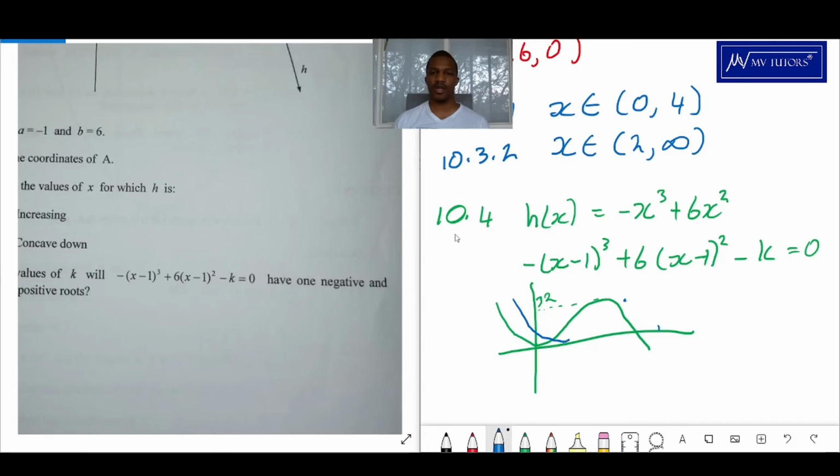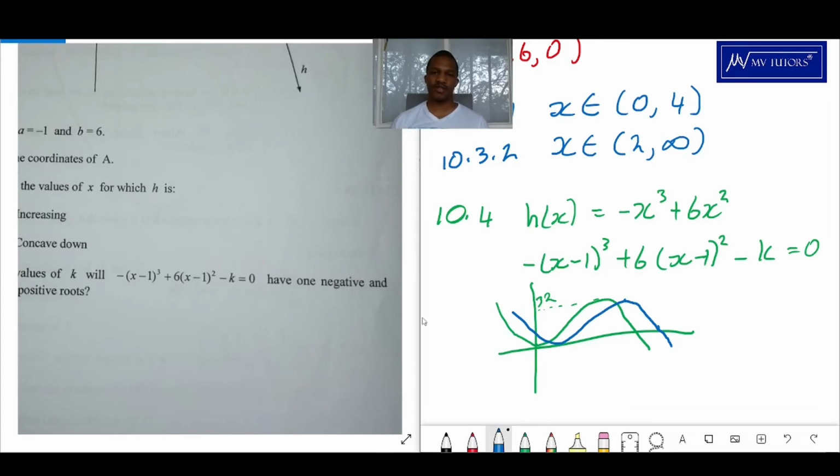So it's going to be like this. My drawing skills are bad, but let me just try again. It should be something like this. It turns there, it turns there. Much better. So now we have a y-intercept with this shift.